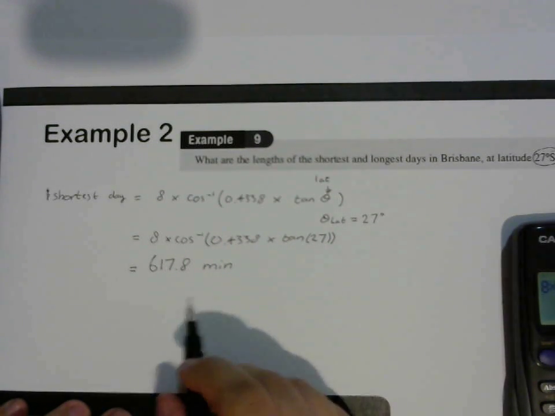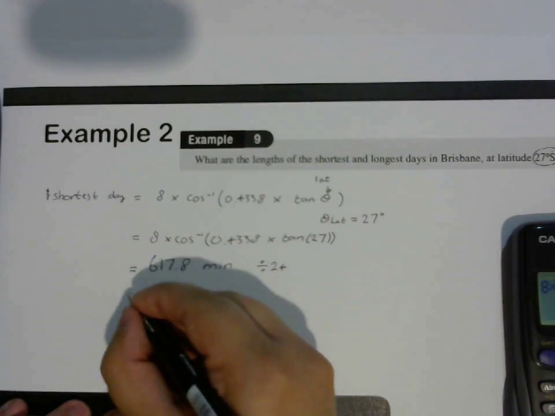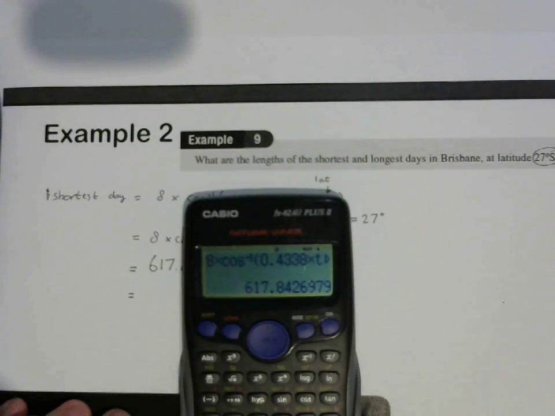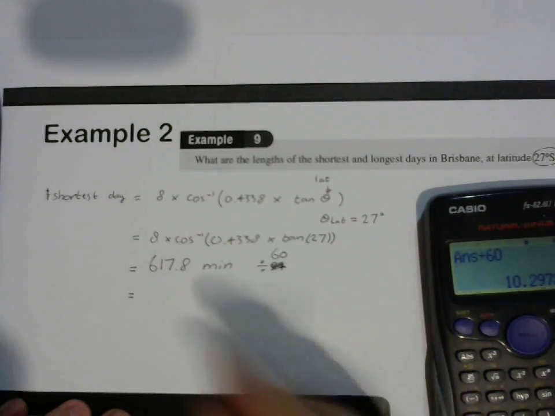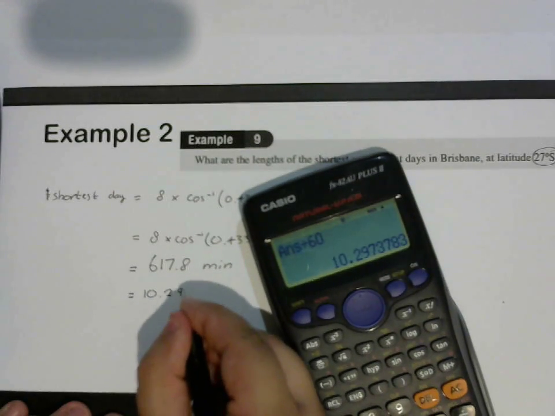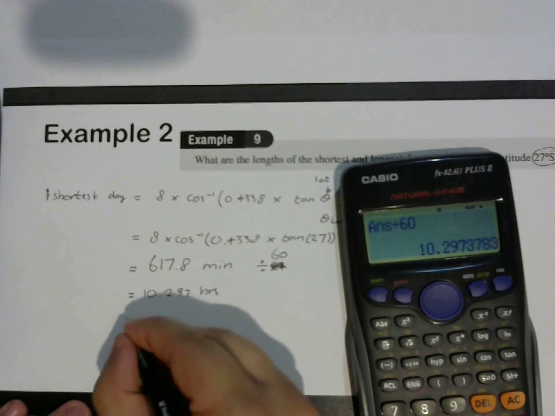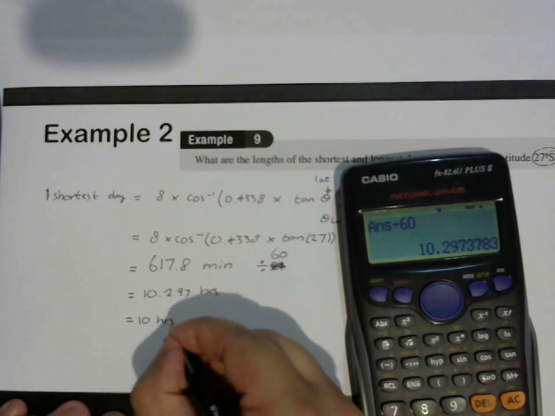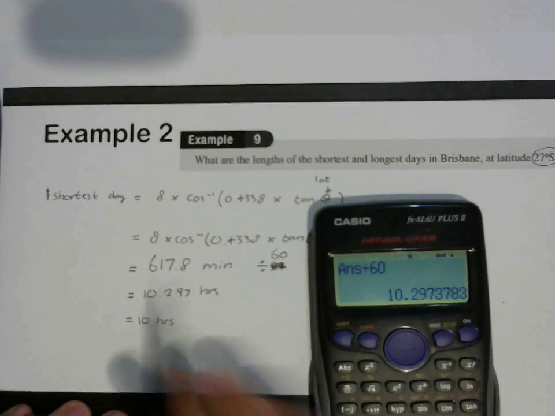To change that into hours, I'm going to divide by 60. That's wrong, I said 24. There's 60 minutes in an hour. My mistake. Which is 10.297 hours. Which is 10 hours, and I'm just going to take the 10 hours away and find what that is in minutes.